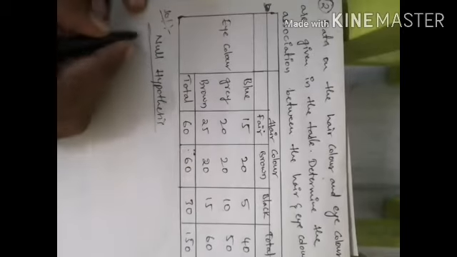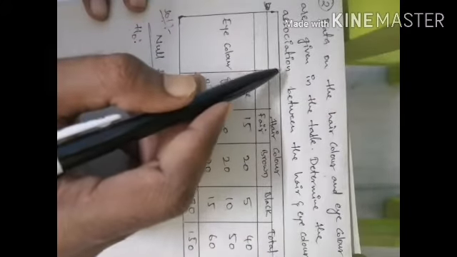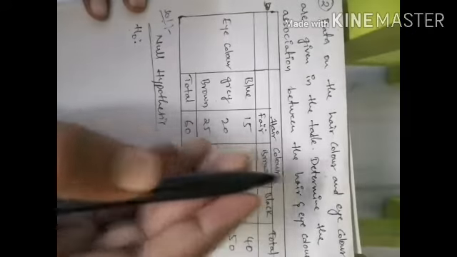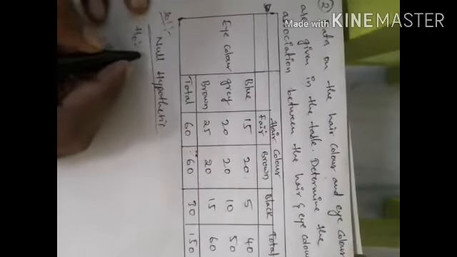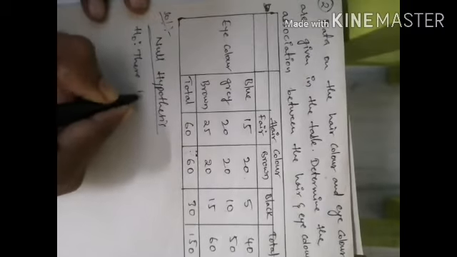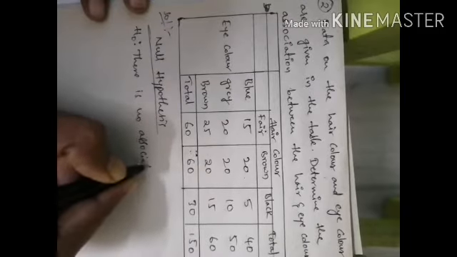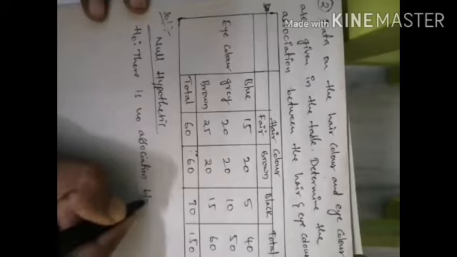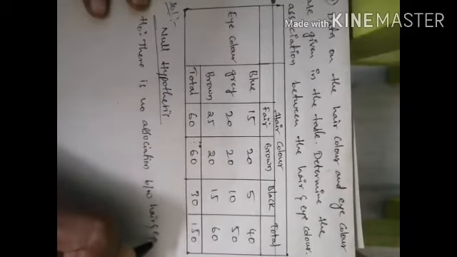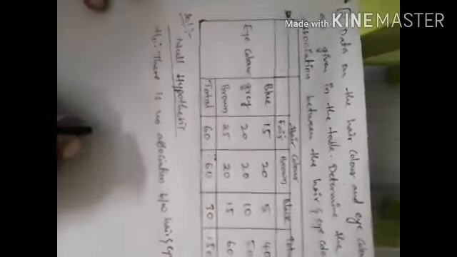So, null hypothesis, how to write the null hypothesis? The question is: is there an association between the hair and eye color or not? So we need to write here the null hypothesis statement: H0: there is no association between hair and eye color, right?